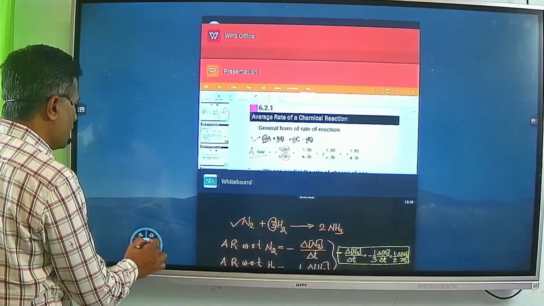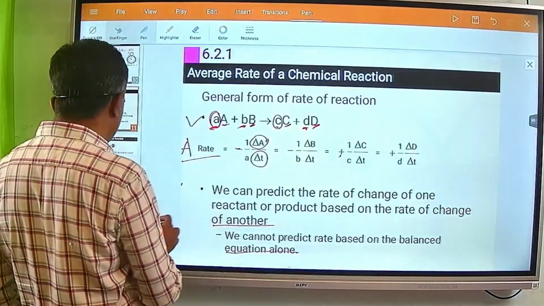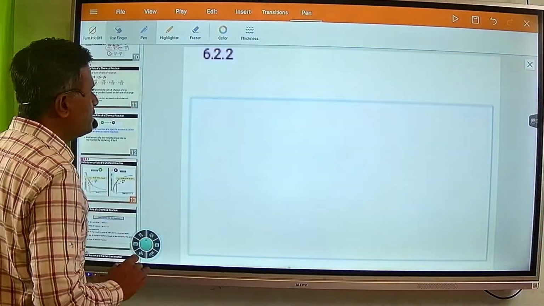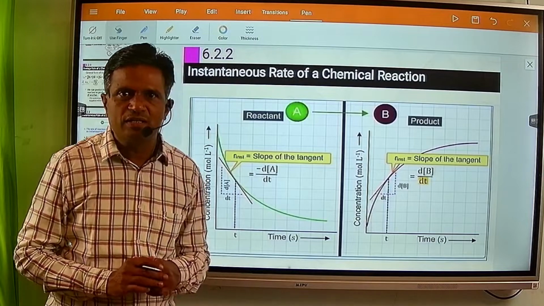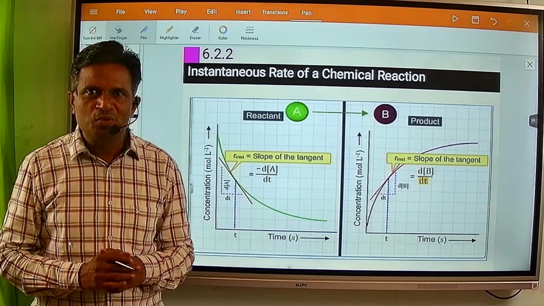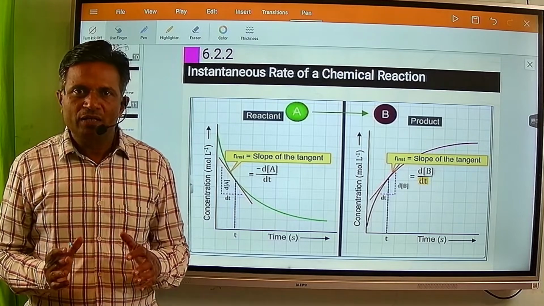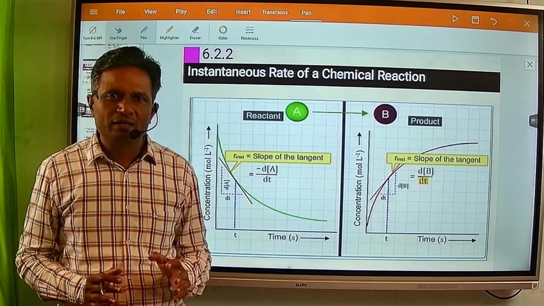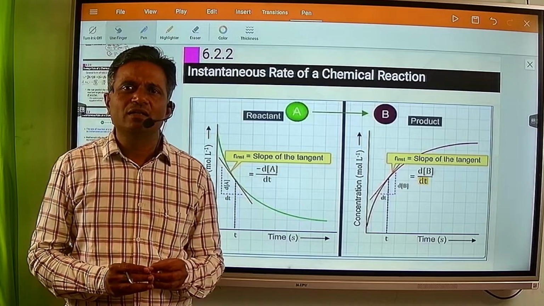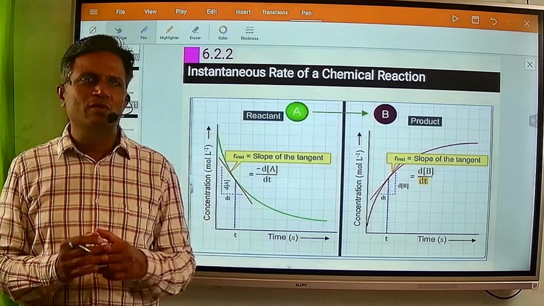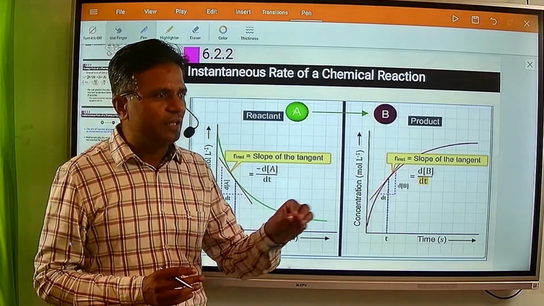Now come to another way to express the rate of reaction, and that is the instantaneous rate. What do you mean by instantaneous rate? Instantaneous rate means it is the rate at a particular instant. Let us say your reaction is going to complete in 30 minutes.